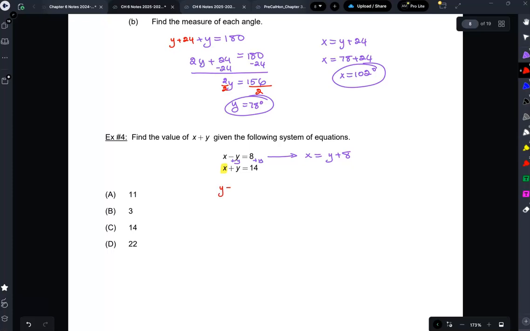So it's going to be y plus 8 plus y equals 14. Right? What's this? 2y plus 8. And then 2y equals to what? 6. Third time was a charm. And then what's y equal to? 3.